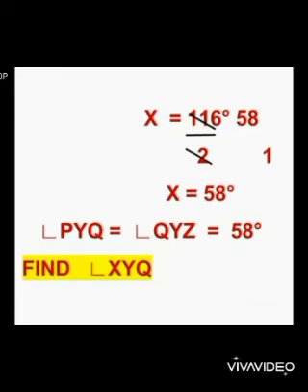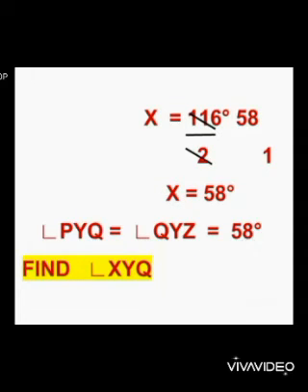Now, we have to find out the value of x. So, x is equal to 116 degrees by 2. You have transposed 2 to the other side. Now, let us cancel 116 with 2 table. 2 58s are 116. So, x is equal to 58 degrees. So, what we got here, 58 degrees? PYQ and QYZ, we have considered it as x, isn't it? Which is equal to 58 degrees.